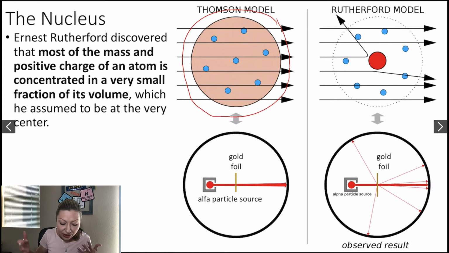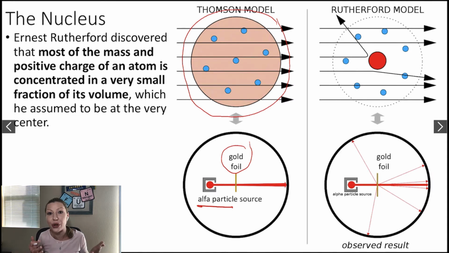Then Ernest Rutherford came up with the so-called gold foil experiment. He took a very thin gold foil, which is shown right here, and he started bombarding it with alpha particles. He didn't really know what alpha particles were at that time, but we know that those are positively charged particles. Now, if Thomson's model is correct, we would expect that these large particles simply go through the atoms without hitting anything, right?